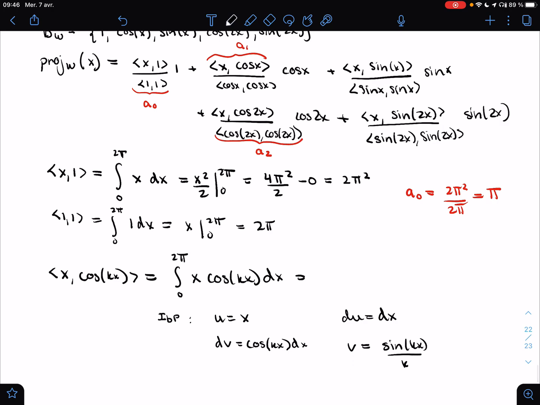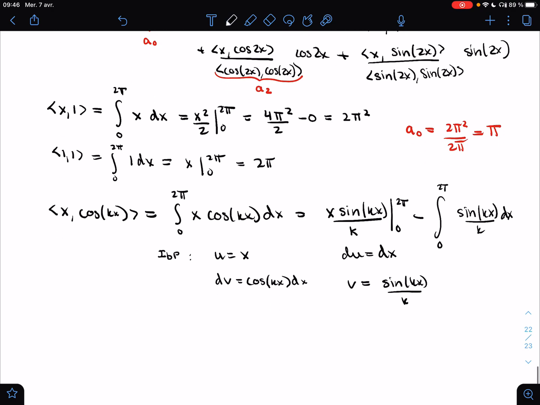And so I'm getting x sine of kx over k from 0 to 2 pi, minus the integral of sine of kx over k dx from 0 to 2 pi. Now if I plug in 2 pi and 0 into the first term, I'll get sine of 2 pi k, which is 0, and sine of 0, which is 0, so I'm getting 0. And then the integral of sine is minus cosine.